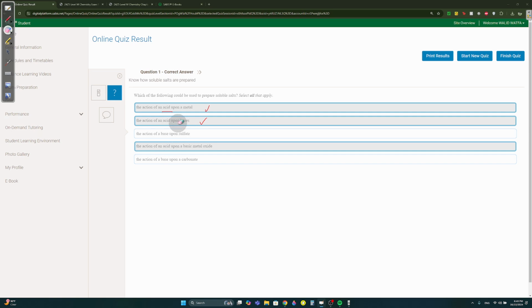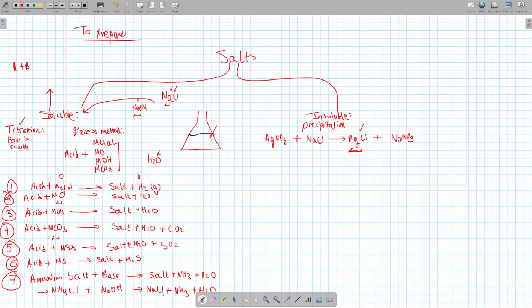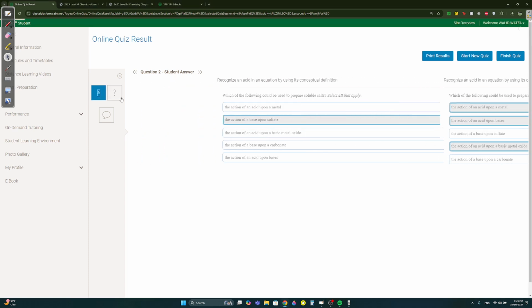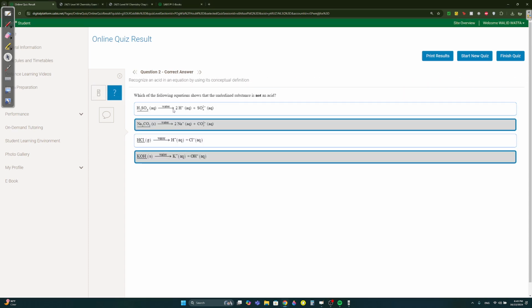I think it was actually acid metal sulfite, not even sulfate. Anyway, this is obviously wrong. Acid, basic oxide, metal oxide, yes. Base carbonate, no, we said acid carbonate. Acid, metal carbonate.